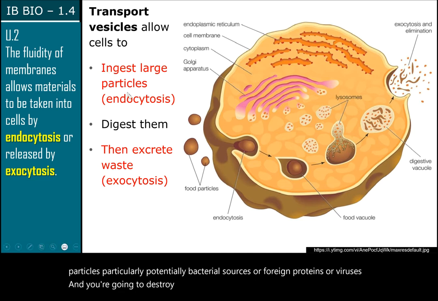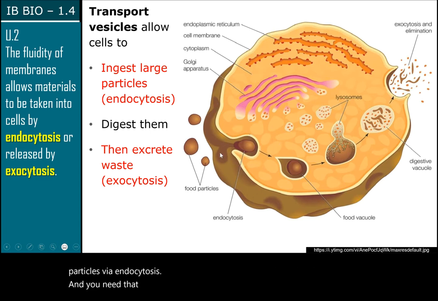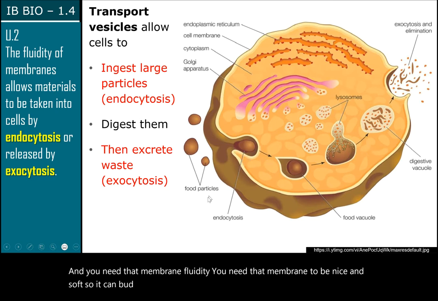So you need to be able to ingest large particles via endocytosis, and you need that membrane fluidity. You need that membrane to be nice and soft so it can bud and form these vesicles.